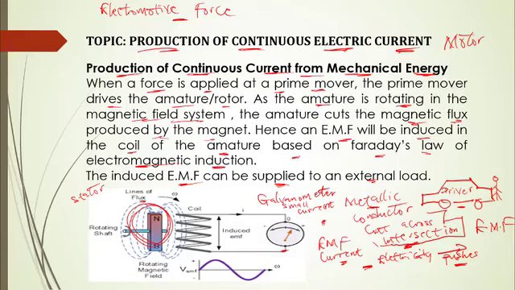Remember that the speed of the rotor determines the magnitude of the induced EMF, because the faster the rotor moves, the faster and the more it cuts across the magnetic lines of flux, and these magnetic lines of force are what will determine the magnitude of the EMF that is being produced.